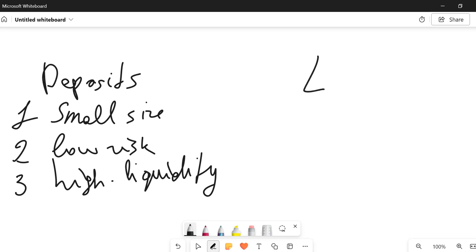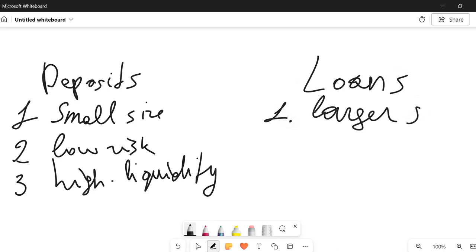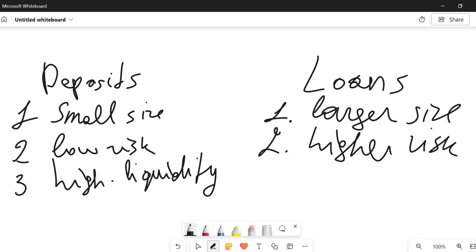In this case, loans, first of all, larger size. Second, higher risk. And third, let's learn the third one.